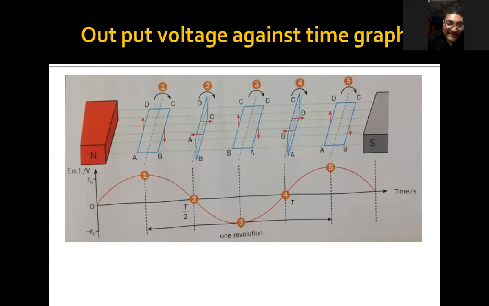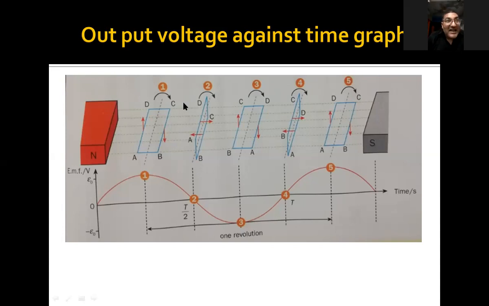The reason is that the rate of change of magnetic flux becomes zero. In this position, the rate of change of magnetic flux is maximum because the sides AD and BC are moving vertically and the magnetic lines are horizontal. So the rate of change of magnetic flux becomes very high.